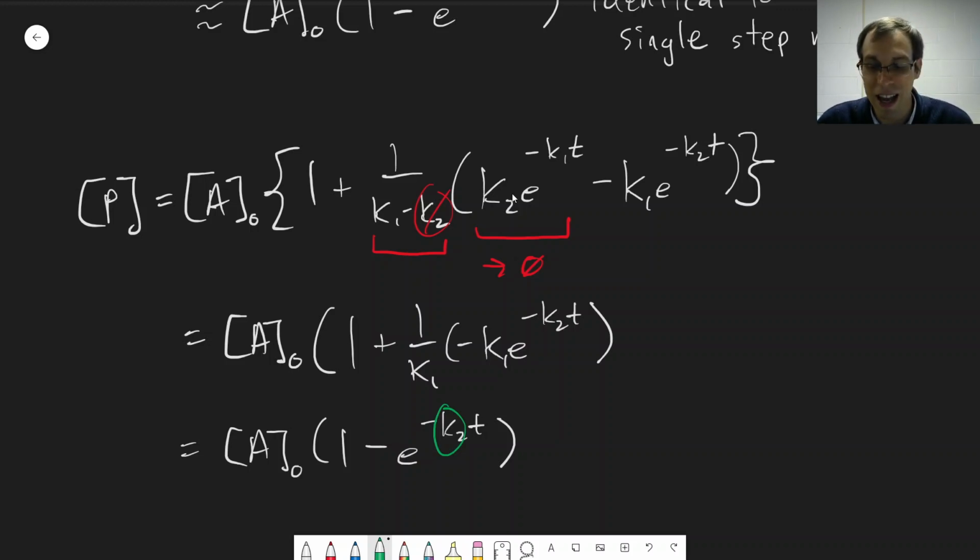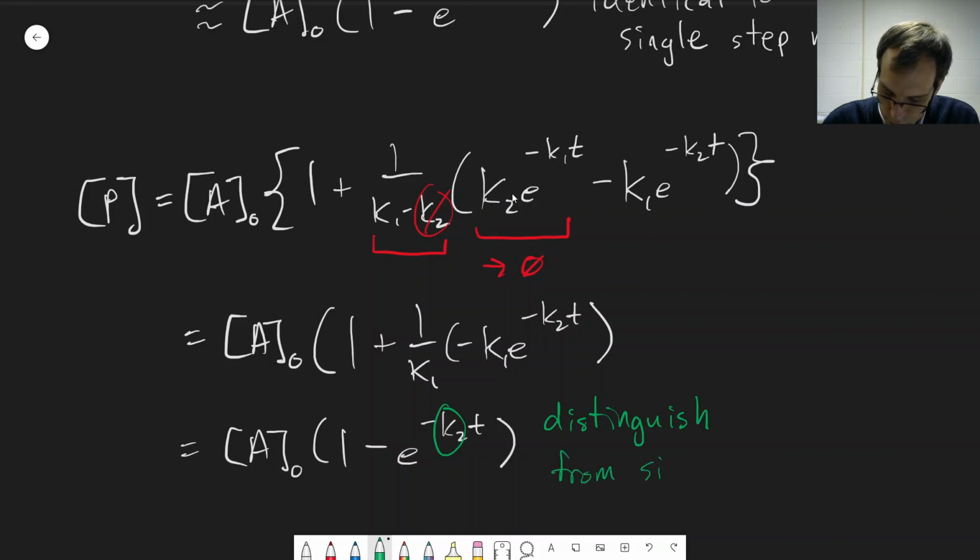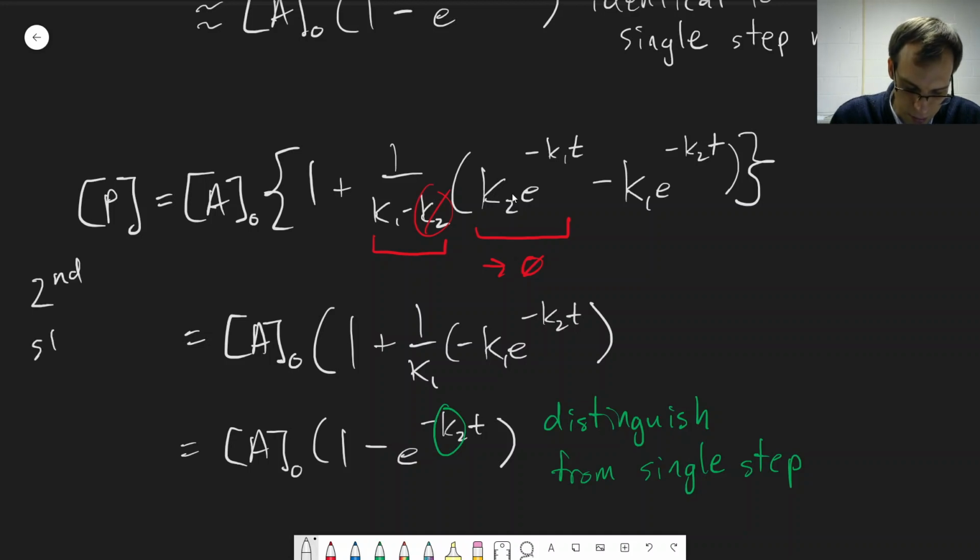We have K2 instead of K1. So now we can distinguish from the single step, because the behavior of our product and the behavior of our reactant are going to be governed by different rate laws. And we can actually observe that if the second step is the rate determining step. So that's what's happening in this one. The second step is rate limiting.